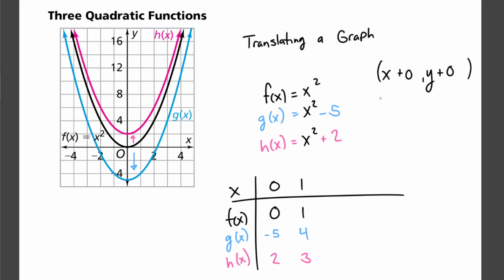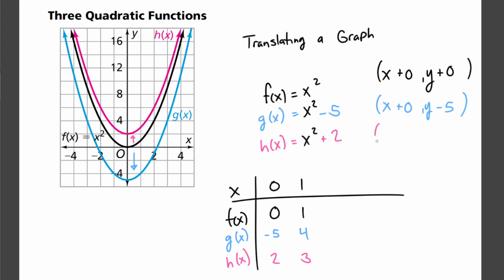For g of x, we have x and y, and this time our x is still the same. Nothing's changing with our x, so this is still plus 0. However, our y value does change. Y is going to be minus 5. So instead of a y value of 0, I have to subtract 5 to get my new y value. Instead of a y value of 1, I have to subtract 5 to get my y value of 4.